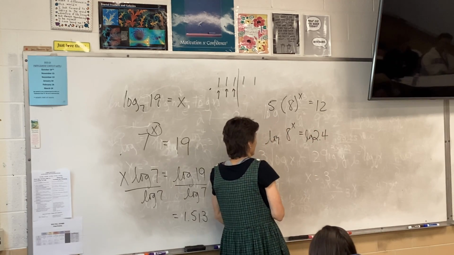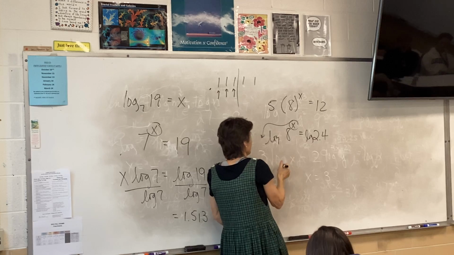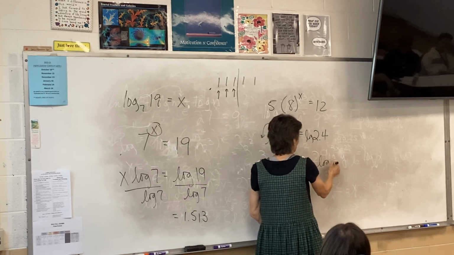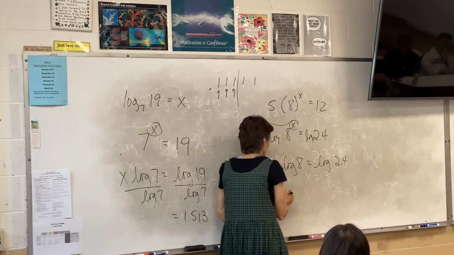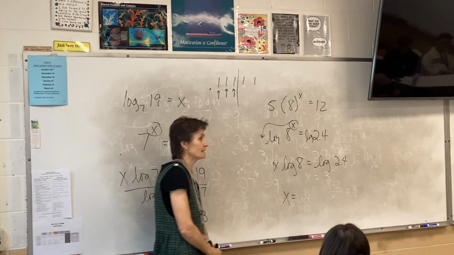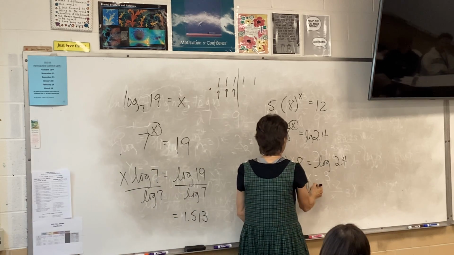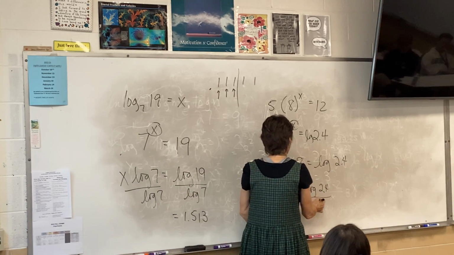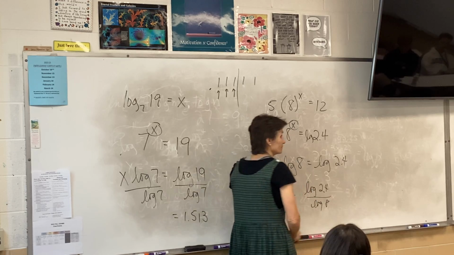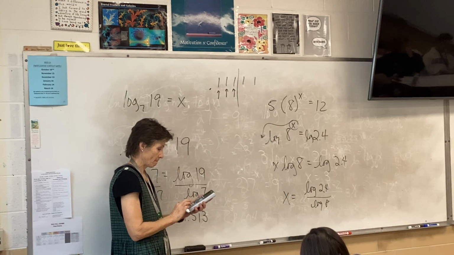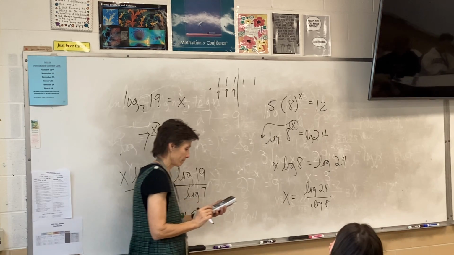x log 8. This comes out in front. So how will I get my answer? What will I type into my calculator? Log 2.4 over log 8. 0.42.